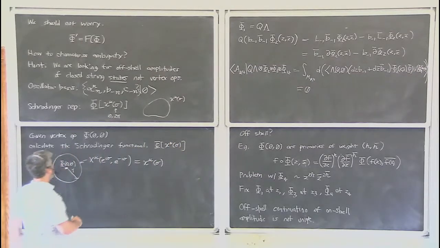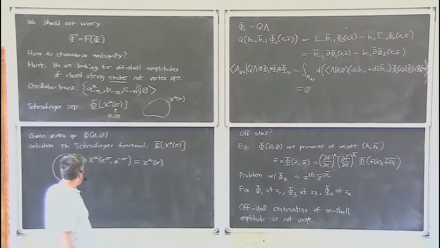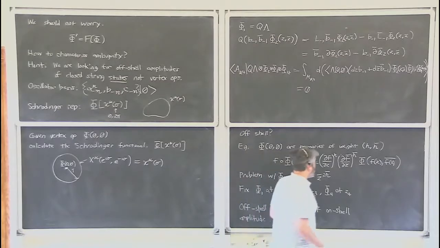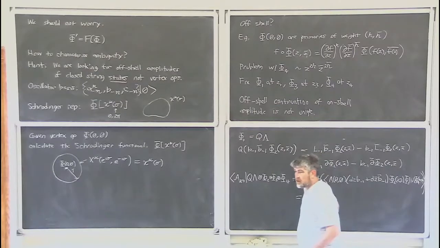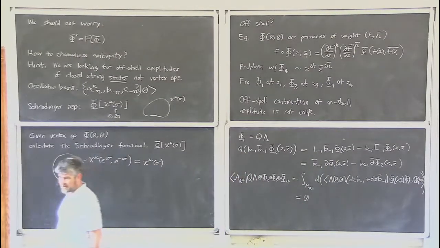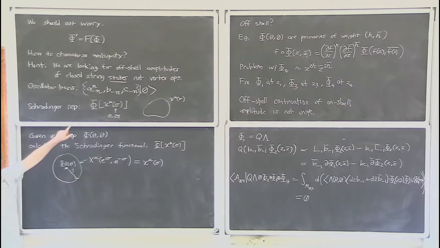So in this way, you can see that given a vertex operator, you can always define a state. Is that clear? So the question is whether given a state, you can always define a vertex operator. In some sense, maybe. When you say given a state, it means given a Schrodinger wave functional, or if you prefer, you can work in the oscillator basis and then try to contract with the position eigenstate to recover the Schrodinger functional.